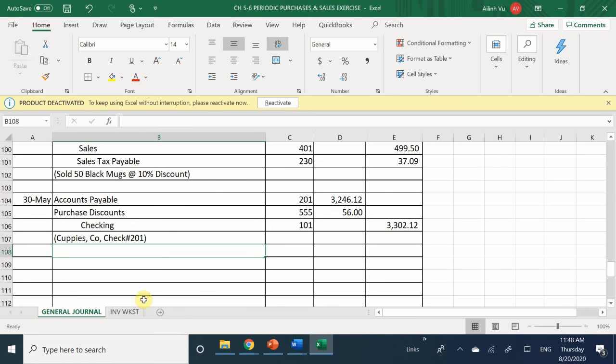Now, that does take brain power because we do need to calculate each invoice that we've looked at, right? We need to look at each batch that we bought. First batch, we bought, but we made a return. Second batch, we bought, we made a return. Third batch, we didn't make a return, but we also made the discount period. So that's combining a lot of complex ideas into one.